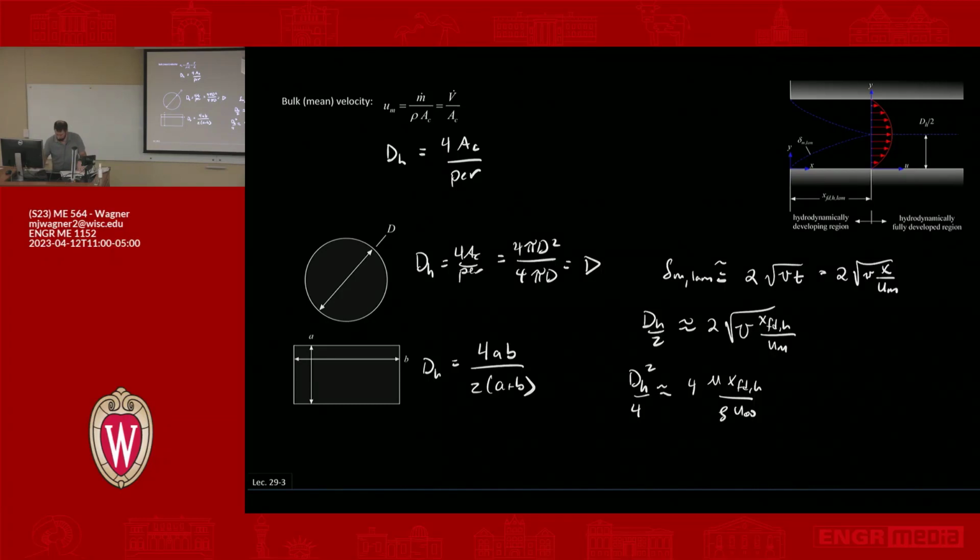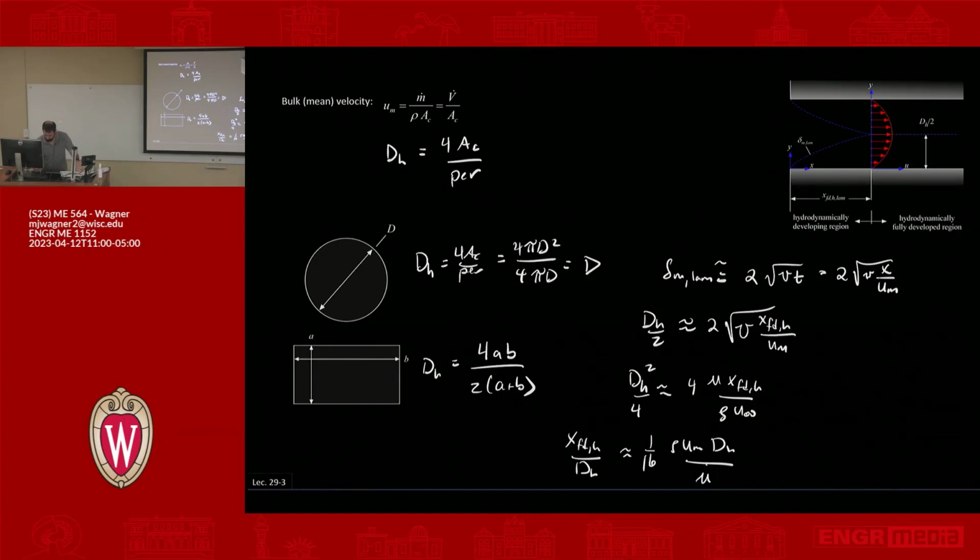Then solving, x_fd,h over d_h is approximately equal to 1/16 times rho u_m d_h over mu.